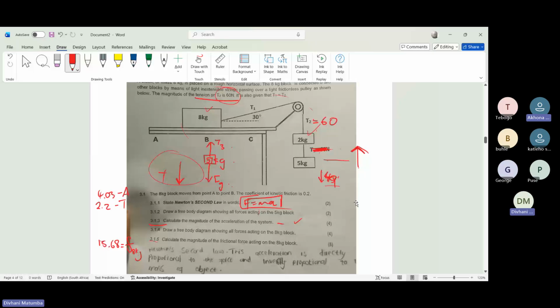Can you see now? Yeah. How much did you get for 3.1.5? I got 9.68 newtons. Okay, 9.68.